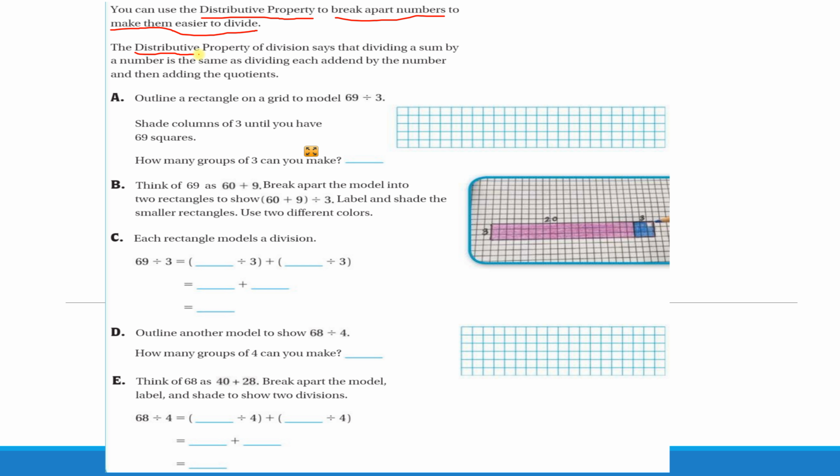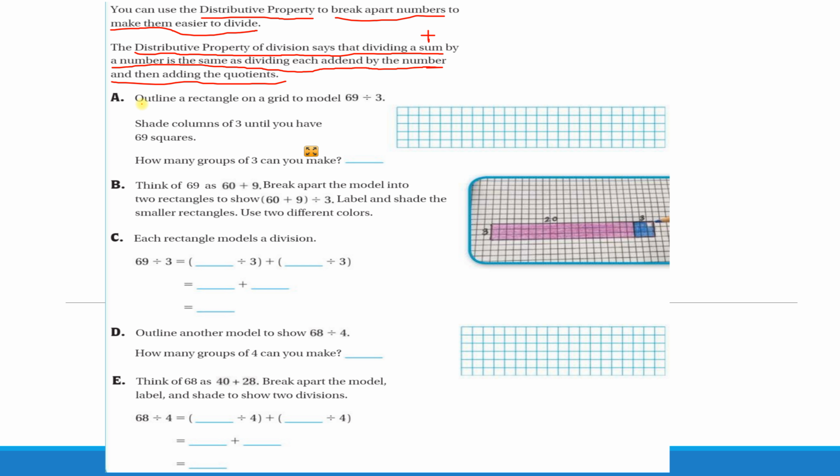The distributive property of division says that dividing a sum by a number is the same as dividing each addend by the number and then adding the quotients. Now, that's a lot of terminology, but we'll break it down into exactly what that means.